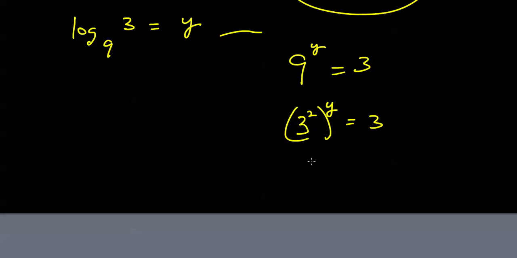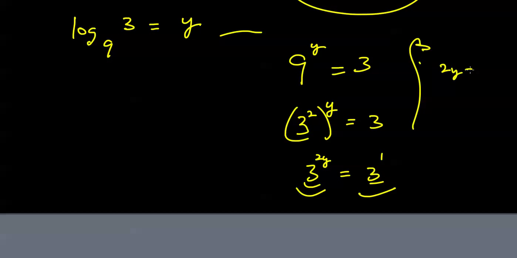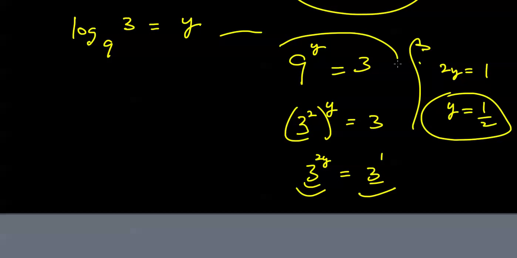So what we could say is 3 to the 2 times y equals 3 to the first power. If the bases are the same, that means the exponents must be the same, so I can conclude 2y equals 1, or of course y equals 1/2. And I'm hoping most people could spot that answer right from here. 9 to the 1/2 power equals 3 without doing it so formally.